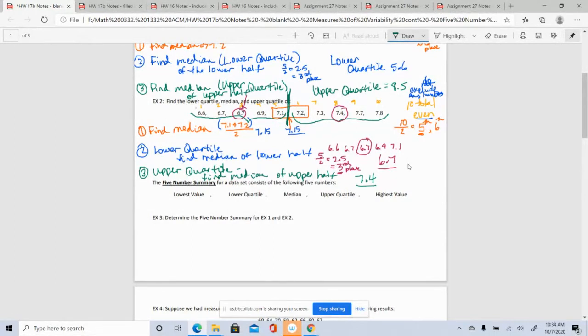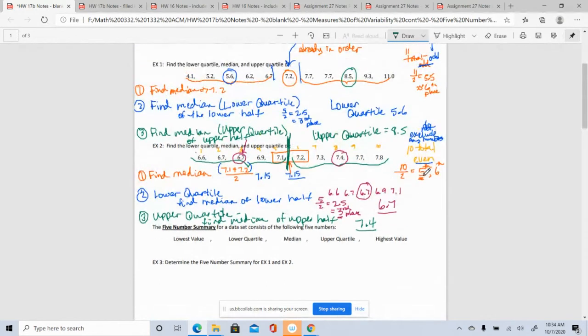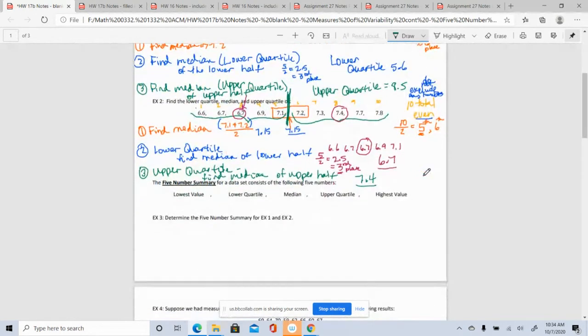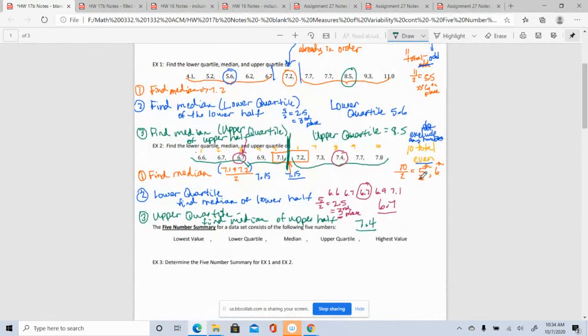So if I look at, let me move this where I can see both of those. We're going to look at the 5-number summary for both example 1 and example 2. So example 1 is this first one right up here.